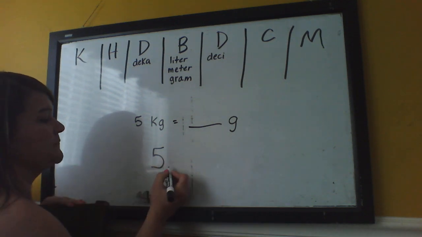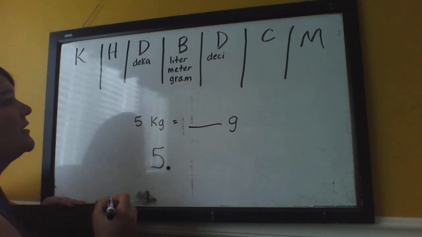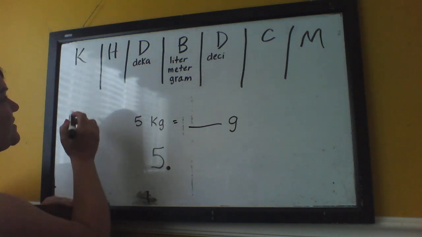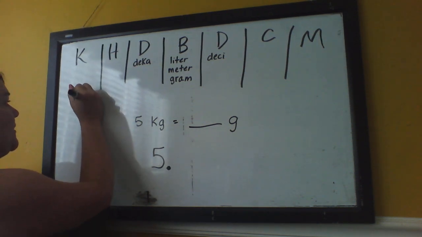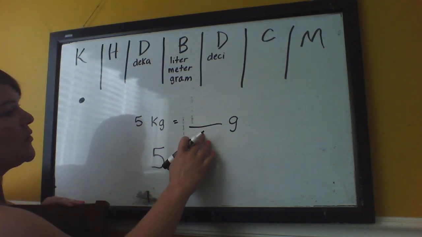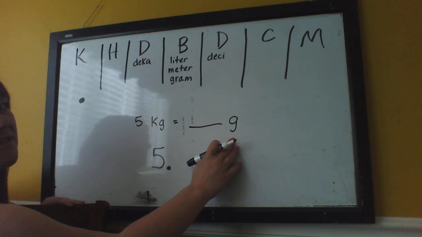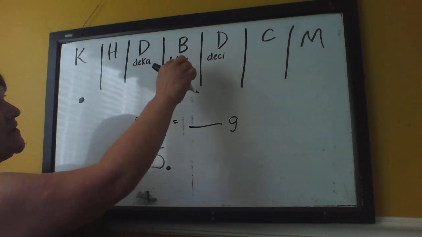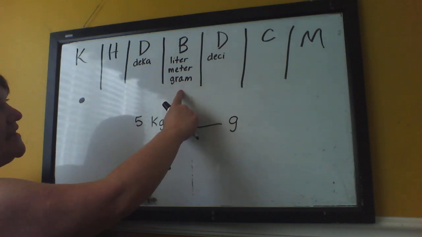At the end. Okay. All right, and then you ask yourself, where am I starting? I'm starting at kilograms, so kilogram goes with the K. I'm going to put a dot right here. And I'm going to ask myself, where am I going? Well, the G stands for grams. Okay, so I look for a G. I don't see a G. That's because gram is part of my base.